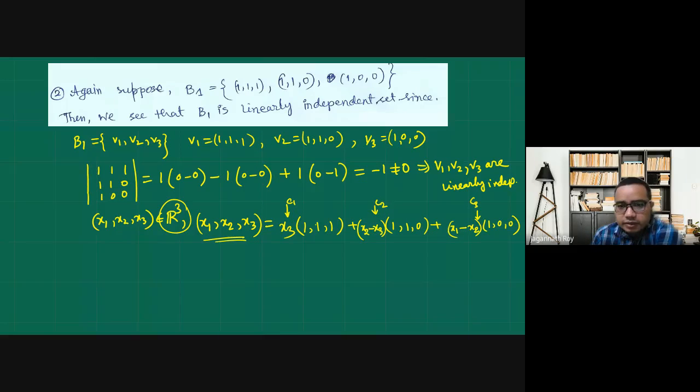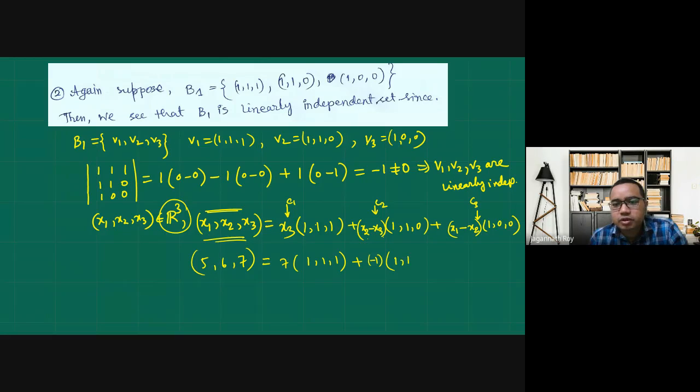Since this is symbolic, for any given particular 5, 6, 7, let us check whether it is a linear combination or not. So what we do? x1 is 5, x2 is 6, x3 is 7. So x3 times 1 1 1, plus x2 minus x3, so that means x2 minus x3 is 6 minus 7, which is minus 1.